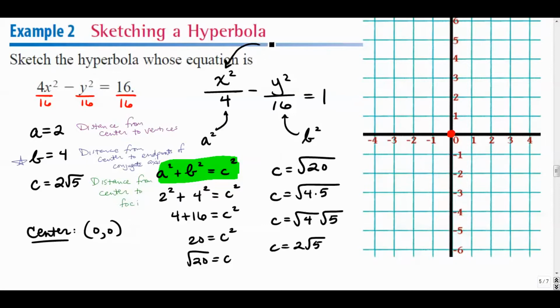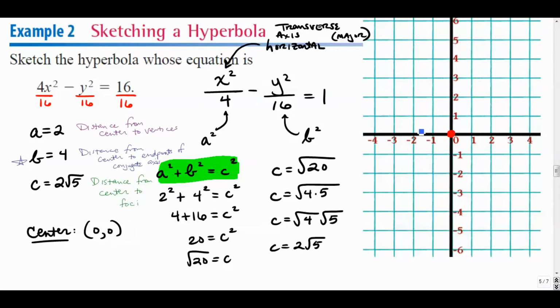So if x is the lead numerator, that means our transverse axis is horizontal. Our transverse axis is our major axis. So if the transverse axis is horizontal, that means our vertices will go left and right.